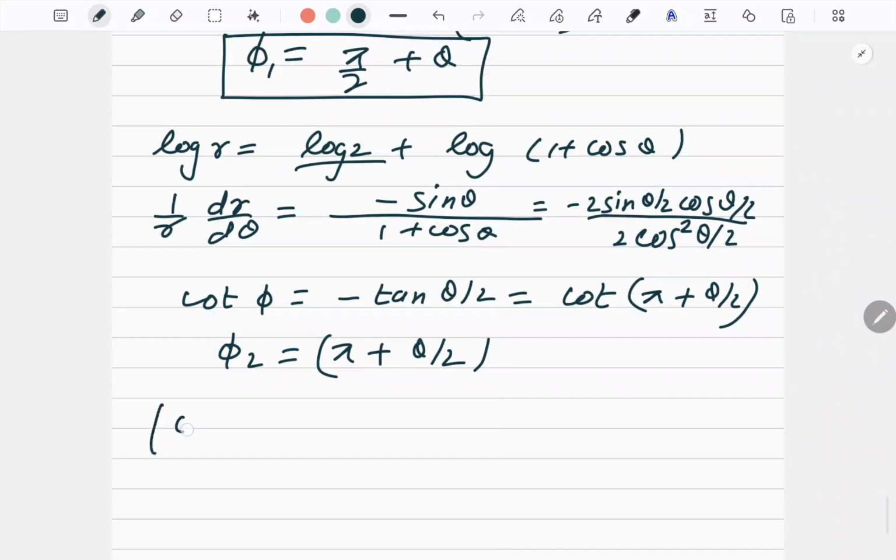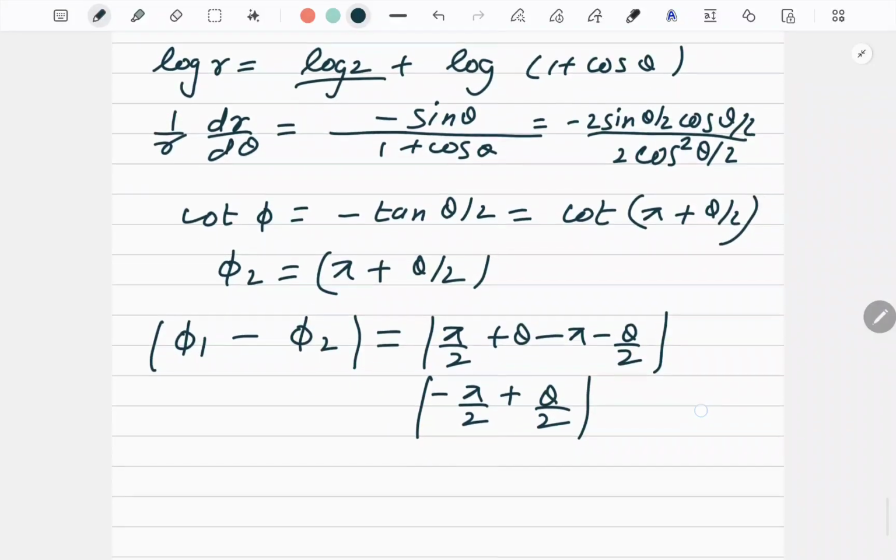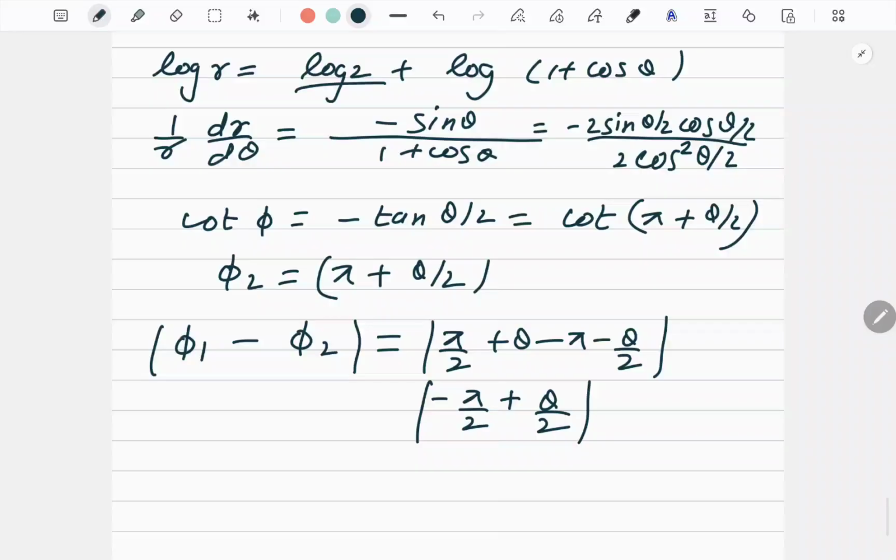Now phi 1 minus phi 2 is equal to pi by 2 plus theta minus pi by 2 plus theta by 2. Correct? Now again my problem: my answer is coming in theta, which I don't like. So I need to get rid of this theta.